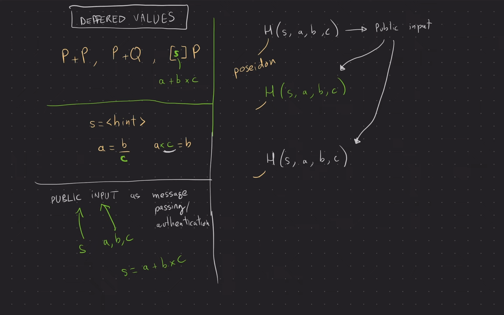And so depending on the circuit in which you are, you might have instantiated Poseidon to work on that specific field. So you don't have access to the same hash function. There are two different hash functions because they're specified on a different field. Maybe this one is Poseidon FQ and this one is Poseidon FP. So something to keep in mind.